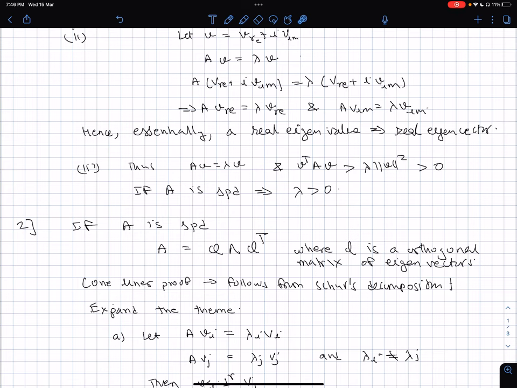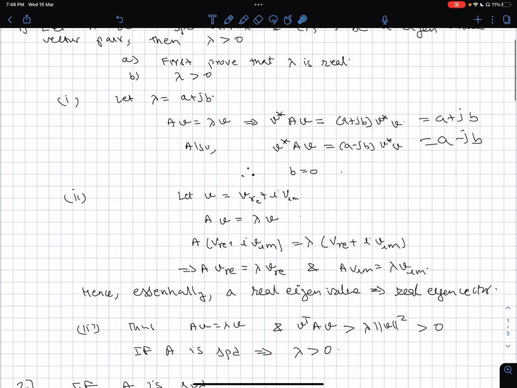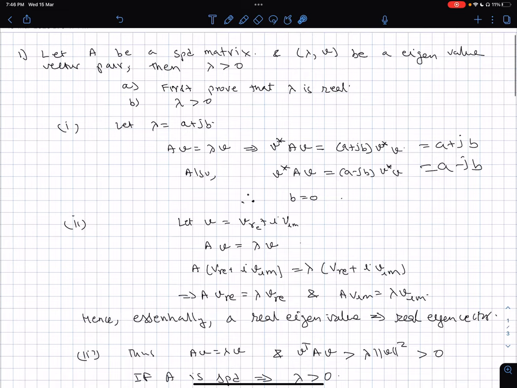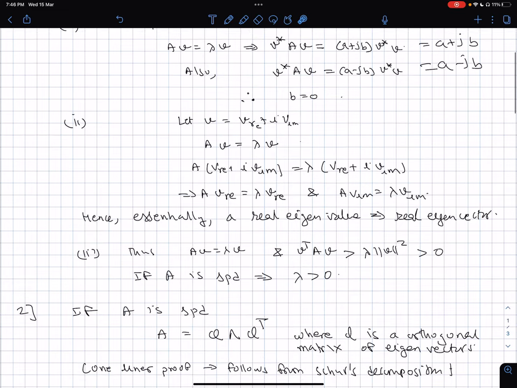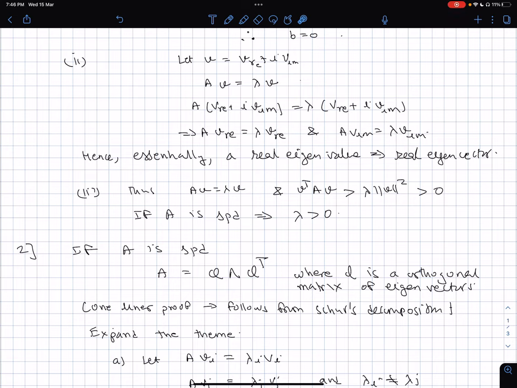Once we are done with that, we can dispense with taking V star and instead take V transpose. Why do I take V transpose? Because when I want to use the positive definiteness property, I have to use the fact that V transpose AV is greater than 0. So I multiply this from the left-hand side by V transpose.